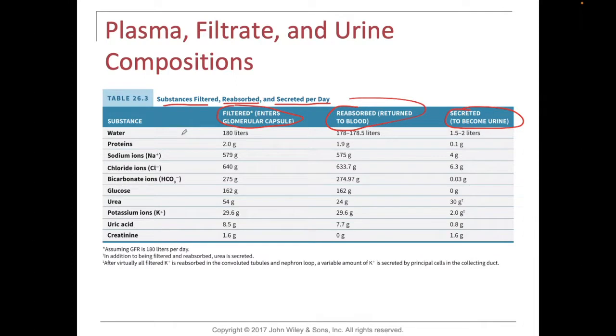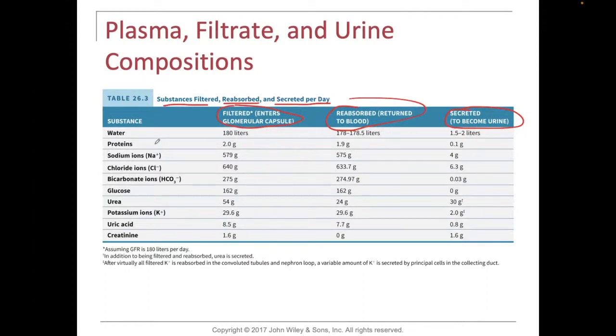So if you look at water, right, there's 180 liters being filtered, and look, almost the same amount is being reabsorbed, but not the whole thing, right? So some of it is going to become urine, about 1.5 to 2 liters of urine a day.